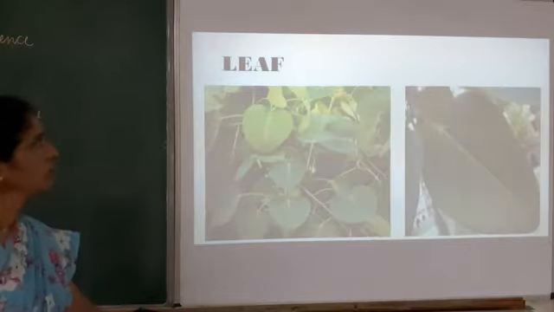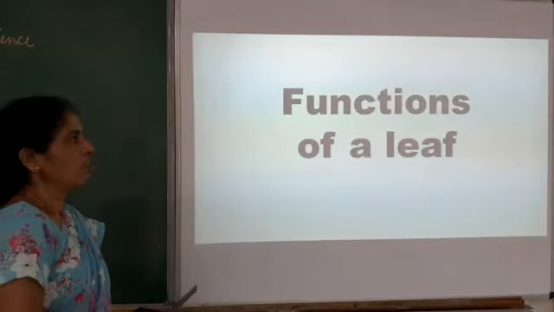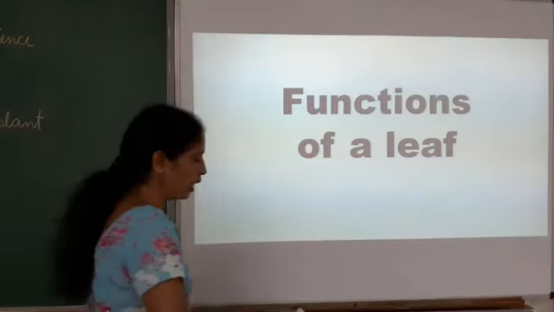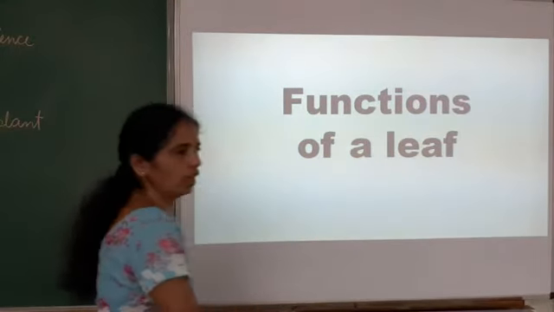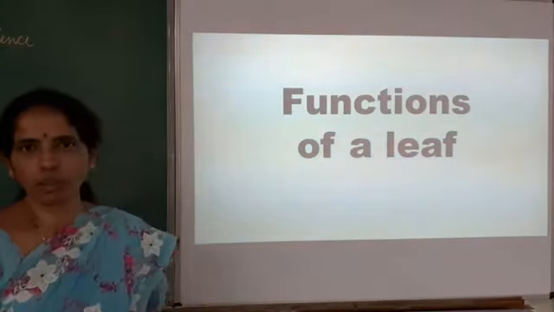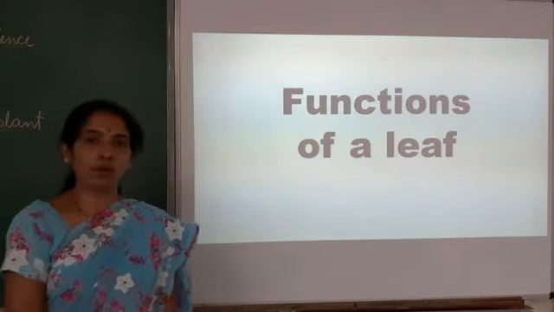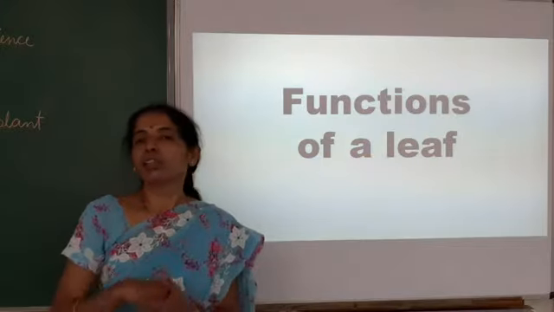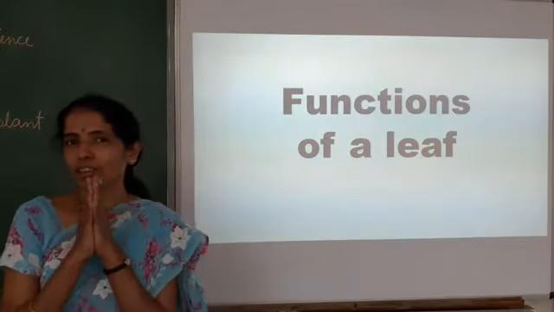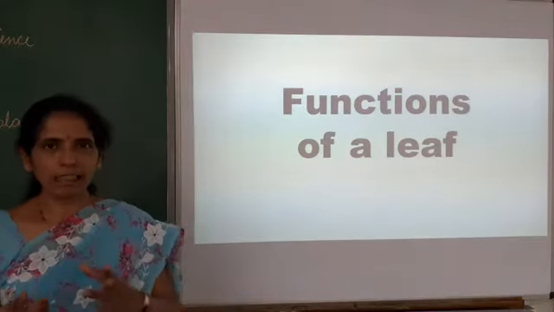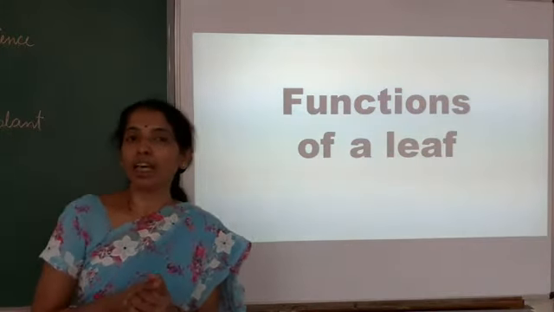Now let us see the functions of a leaf. You already know an important function, children. You have understood already; in the first lesson we discussed it. Can you tell me what that is? I can give you a clue: it is the kitchen of the plant.